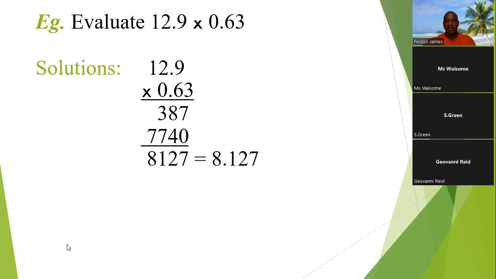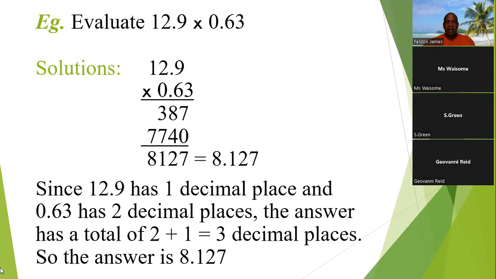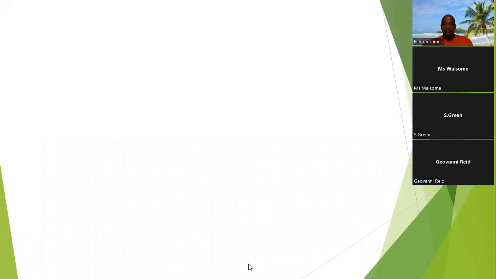All right, that should be clear to everybody. Since 12.9 has 1 decimal place and 0.63 has 2 decimal places, the answer has a total of 2 plus 1, 3 decimal places. So the answer is 8.127.